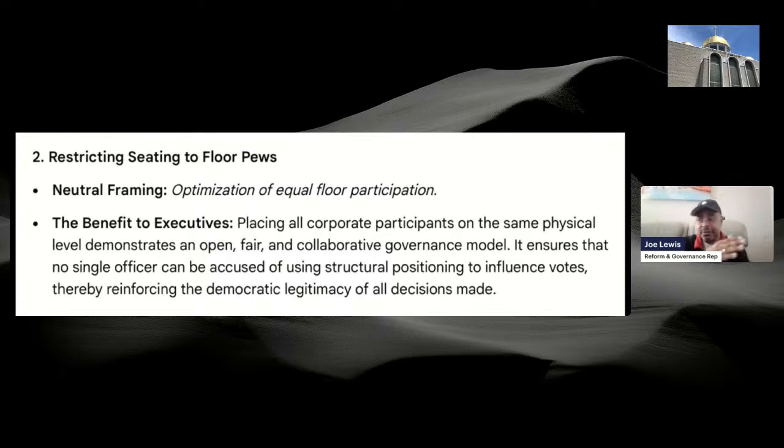But when those doors are open and for them to come in, they come in as a part of the body. They don't come in as a part of the head. Once again, keeping the members equal one to another. Want to go to the next frame?